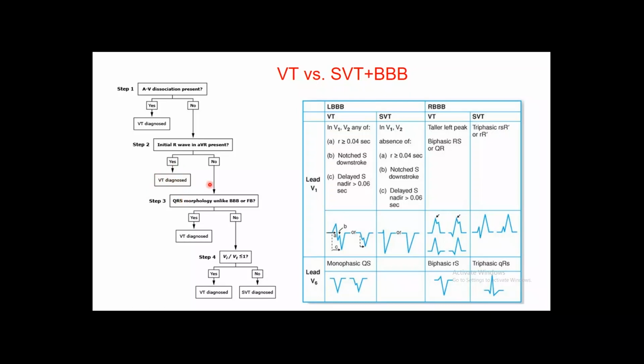Again, if we don't have, we look at the QRS morphology. If it looks like a typical bundle branch block, the probability of SVT with bundle branch block is higher. If it does not look like a bundle branch block that we explained before, it is most likely VT.